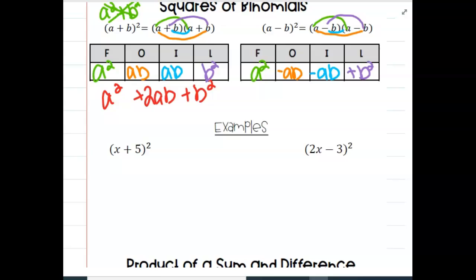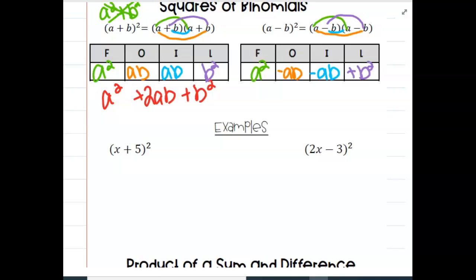And that's always going to happen, because think about it. The criteria here is that you're multiplying the same two things together. The same thing in both sets of parentheses. So it doesn't matter what's in the parentheses. The O is going to be the first term in the first set of parentheses, and the last term in the last set of parentheses, right? That's what the O is, this term and this term. But if you have the same thing in both sets of parentheses, the first term is going to be A, and the last term in the second set of parentheses is just going to be that number.